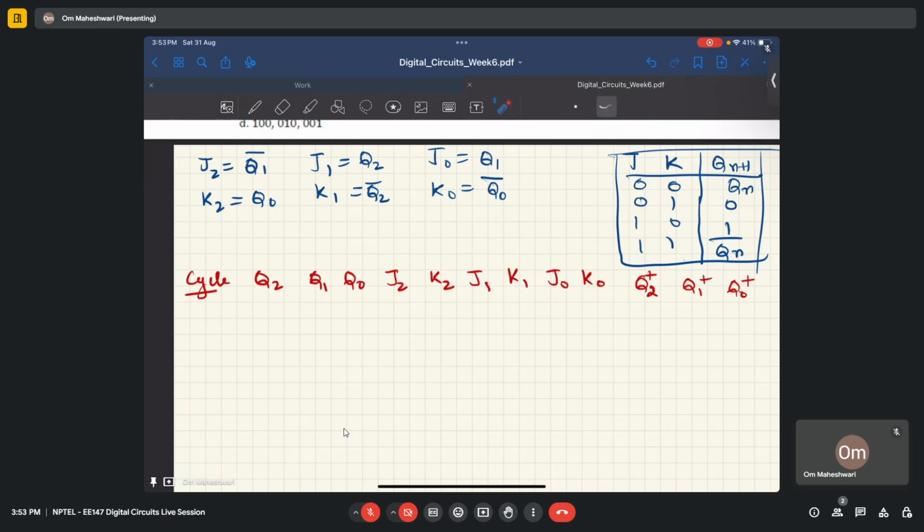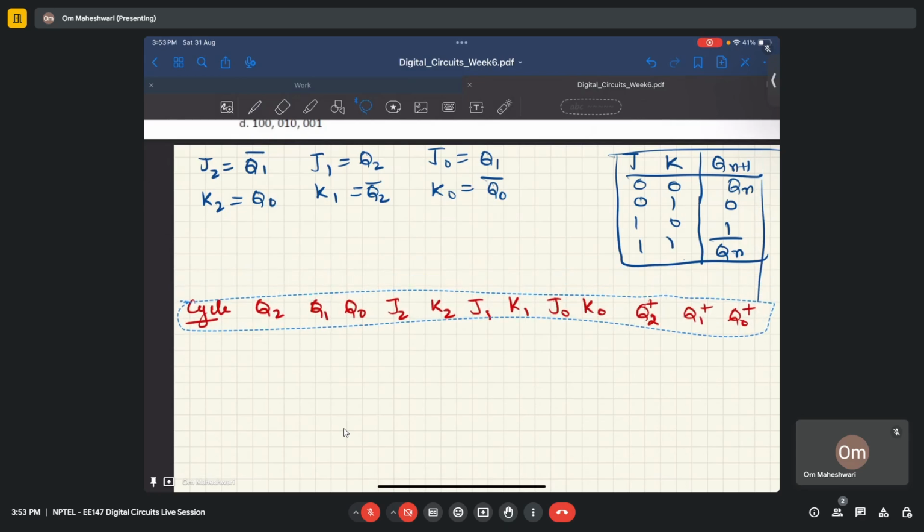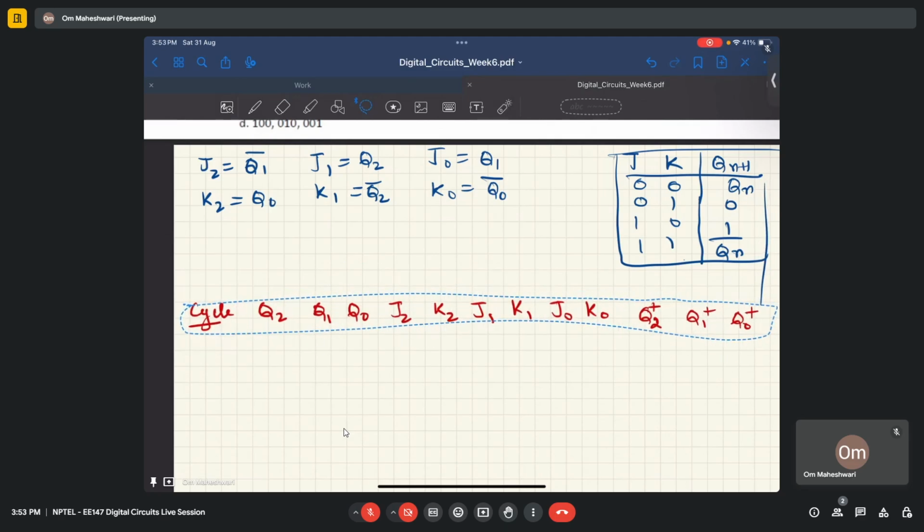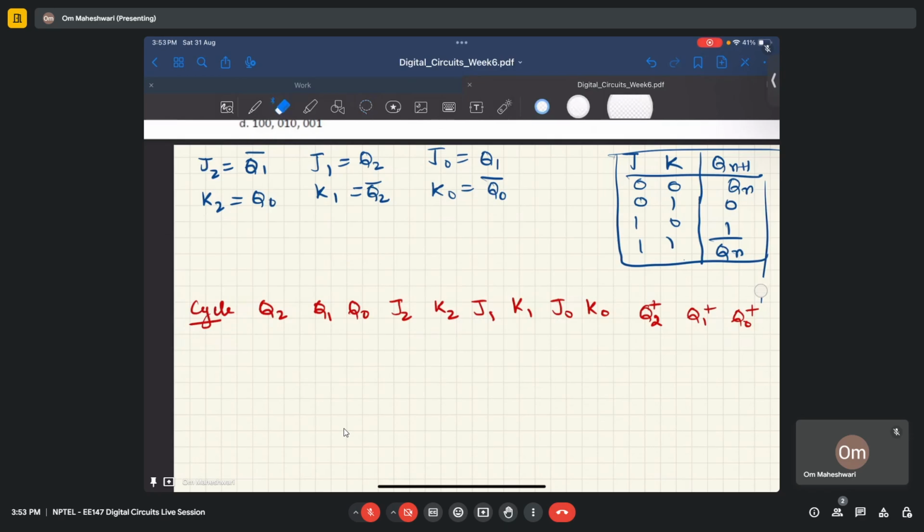Make some space. Okay, so this is our cycle, this is our, say, present state. These are our inputs. This is the next state.